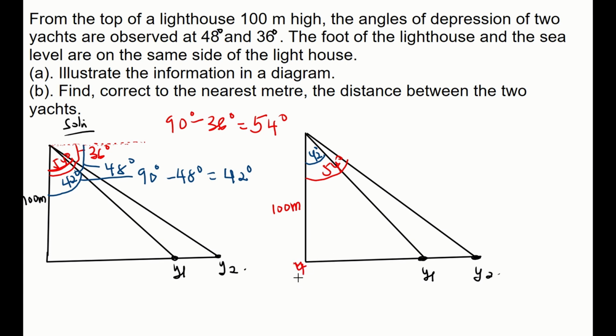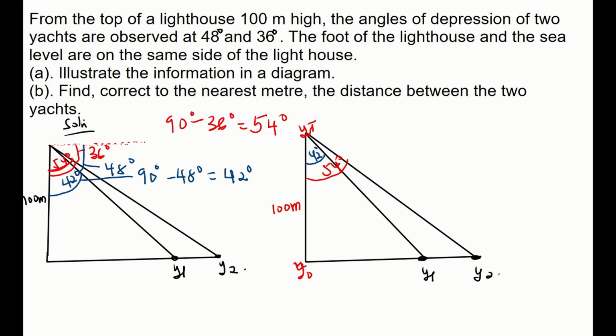This one can be y naught. Then the height yt, the top of the lighthouse. So we are going to look at this triangle yt, y naught, and y1.